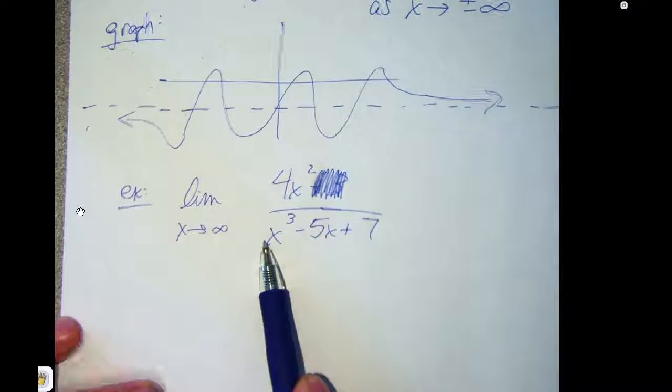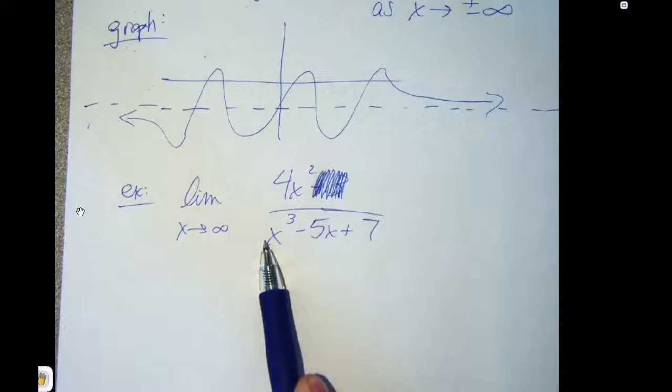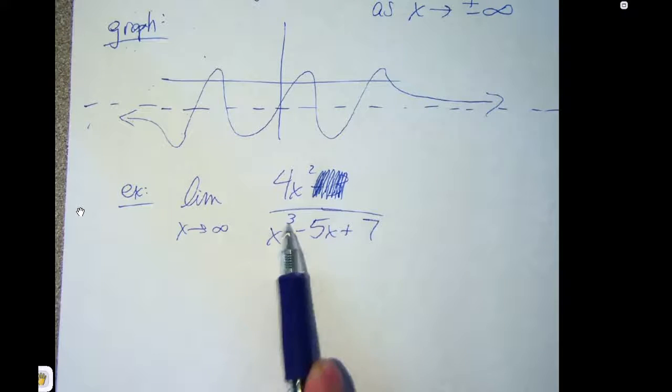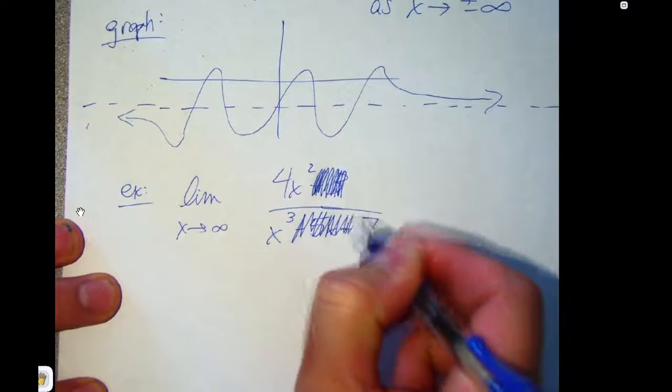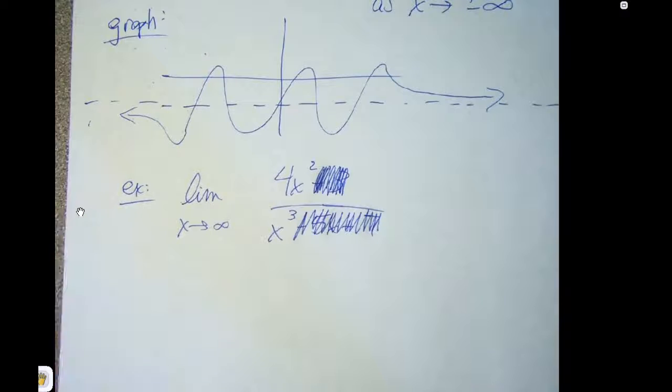If I take 100 googol, which is 100 zeros, cube it, and then subtract 5 times that and add 7, this part doesn't do anything. It doesn't do anything relevant. So all you care about is the highest power on top and the highest power on the bottom. None of the rest of it matters, because if I have like 8 gajillion, trillion, billion, whatever, minus 2, that doesn't really do anything.